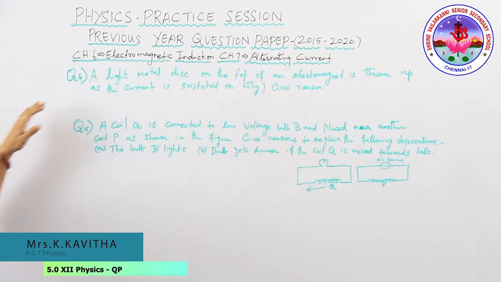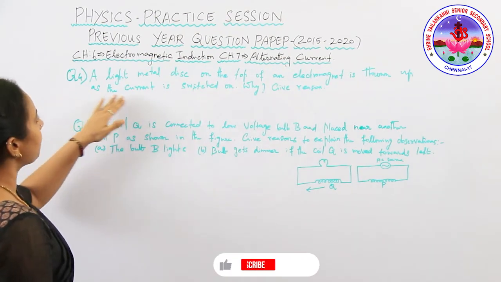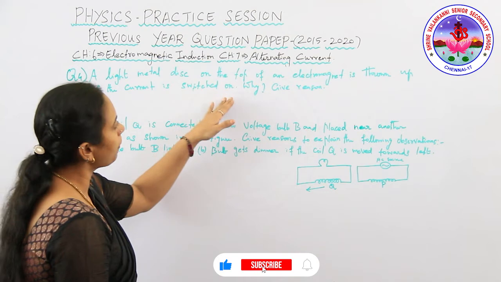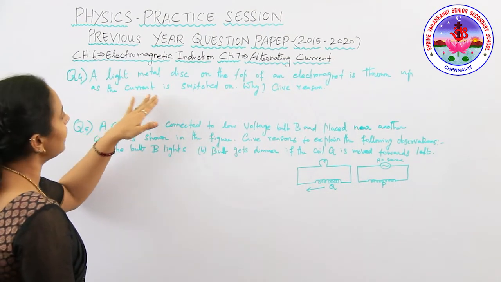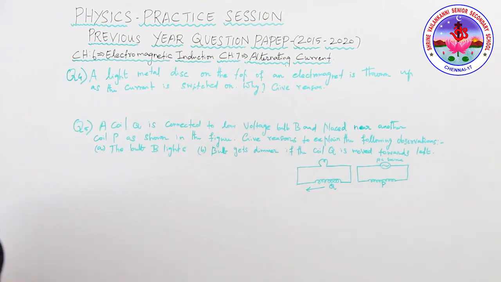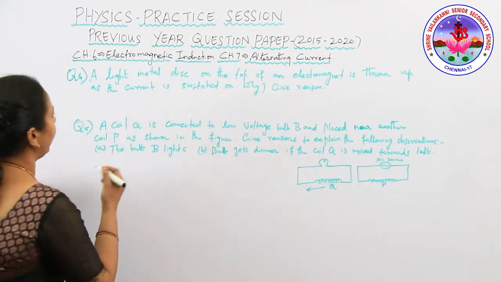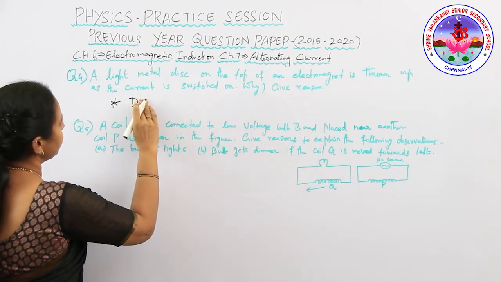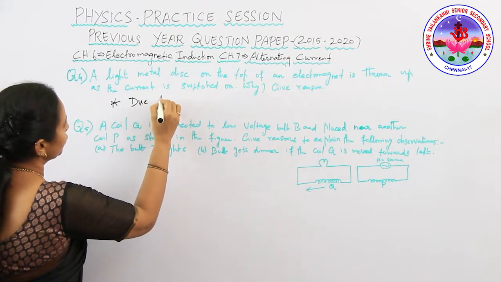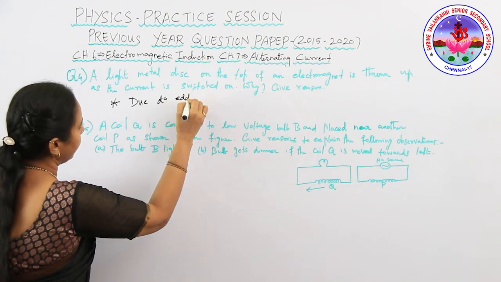So question number 4, a light metal disc on the top of an electromagnet is thrown up as the current is switched on. Why? See, without any doubt, we can say that it is due to eddy current.